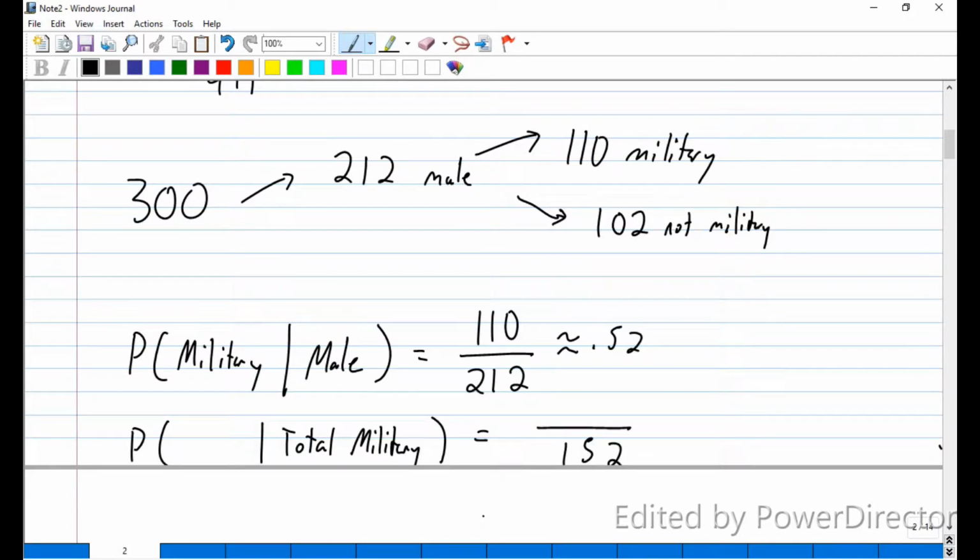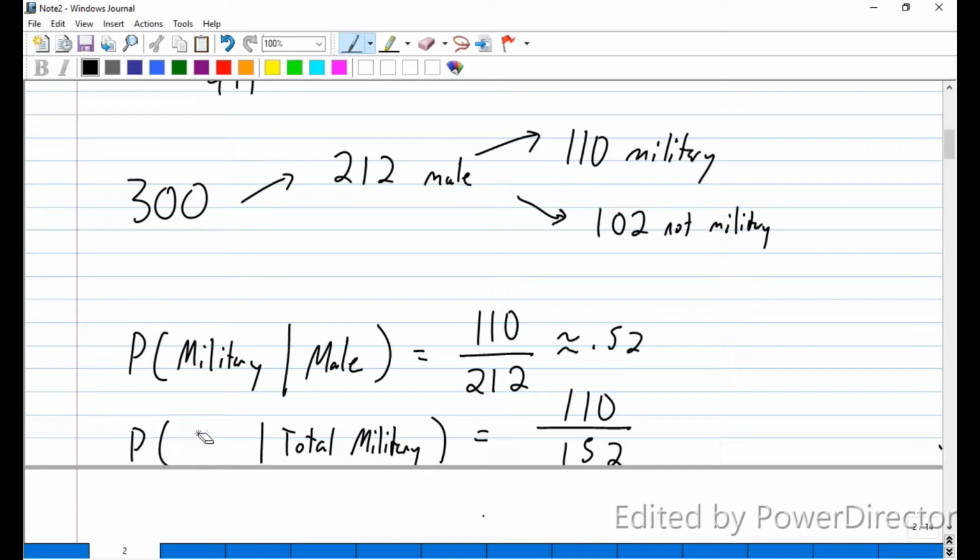Now we're looking for the probability that a randomly chosen applicant is male. So how many males were in the military? 110. All right. So given that the selection will be from the military, we know that 110 of the males out of 152 of the total military is what we're looking for.